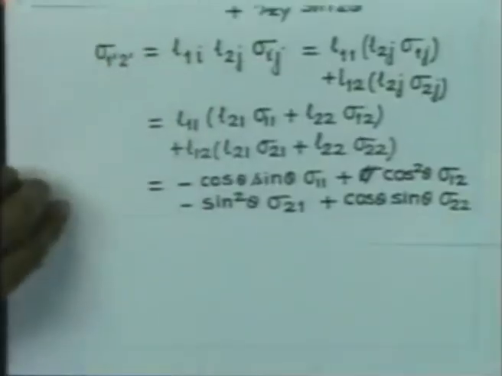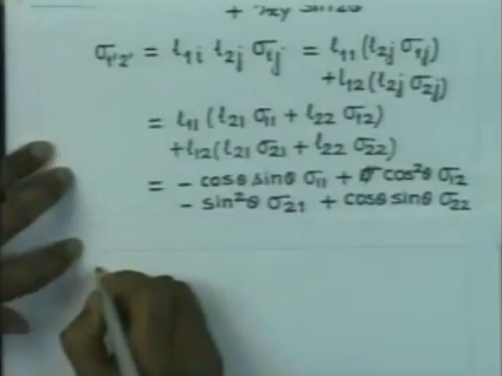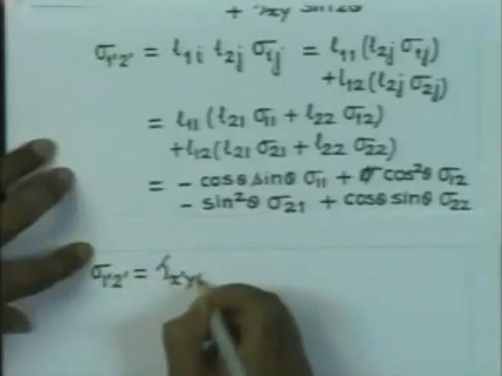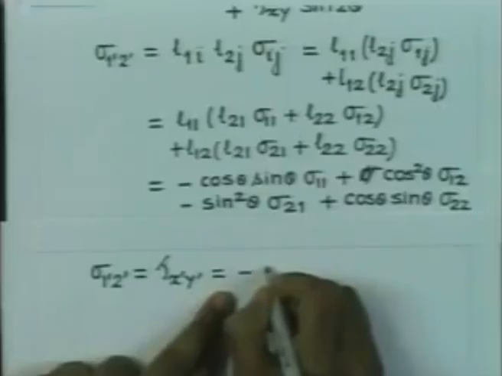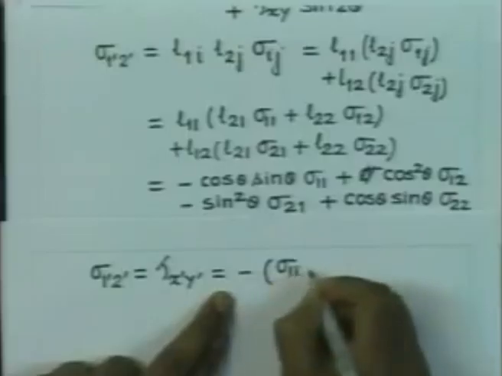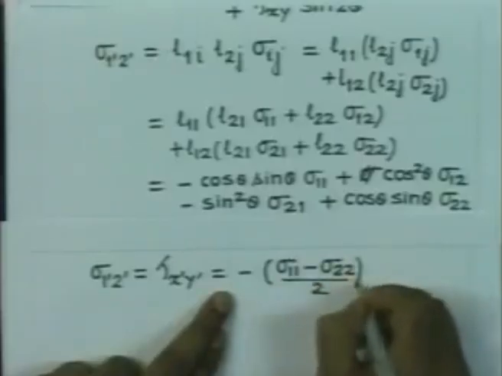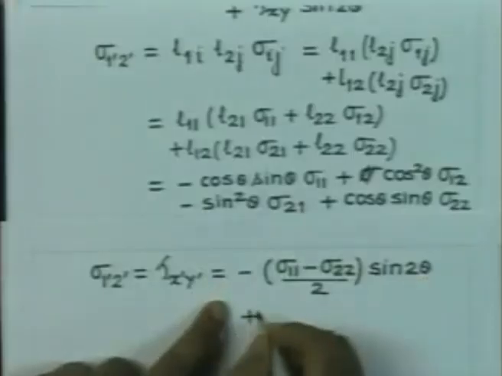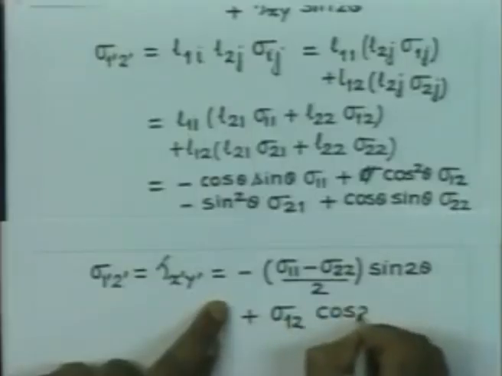So, we can now write sigma 1 dash 2 dash, which is nothing but the shear stress, and this is going to be minus sigma 1 1 minus sigma 2 2 by 2 sin 2 theta plus, since sigma 1 2 is equal to sigma 2 1, you can write this thing as sigma 1 2 cosine 2 theta.